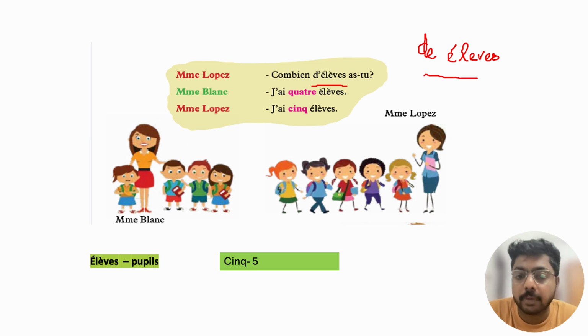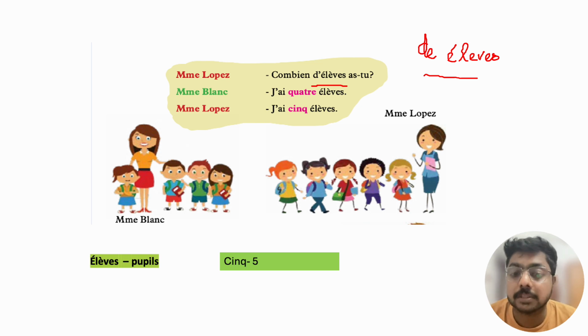Since two vowels are meeting together, instead of the vowel of the first word, that is E, we use an apostrophe. That's why it is d'élève. It was originally de élève. Combien de élèves? How many students? Élève means students or pupils. How many pupils? That's why we are having an apostrophe here.